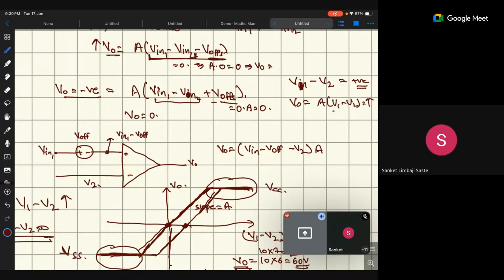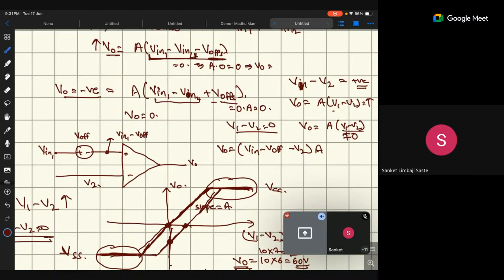So basically, if V1 minus V2 is 0, we would expect V naught to be A times V1 minus V2 equal to 0, but that is not the case. You can see V1 minus V2 is 0, but V naught is not equal to 0 at this point.